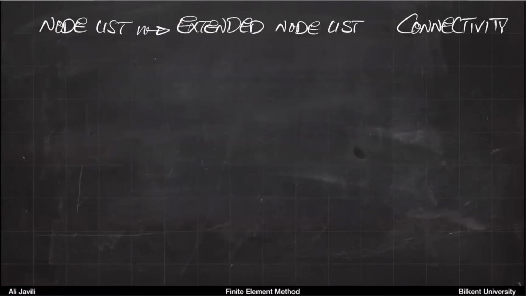Now, connectivity is how it is usually called, but because we call the other one node list, and in our language, when you code this, we call this NL, we call this ENL, and connectivity doesn't look good. We are going to call this EL.